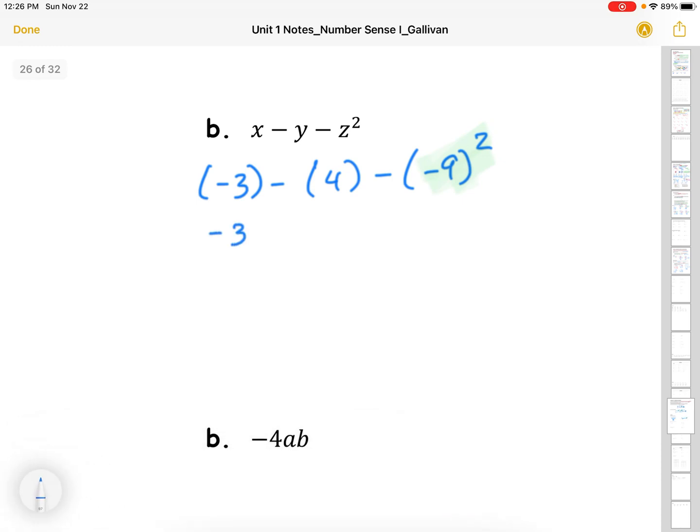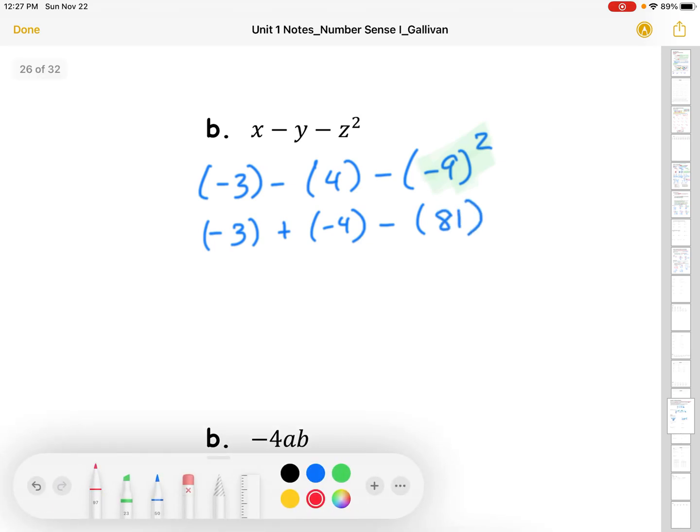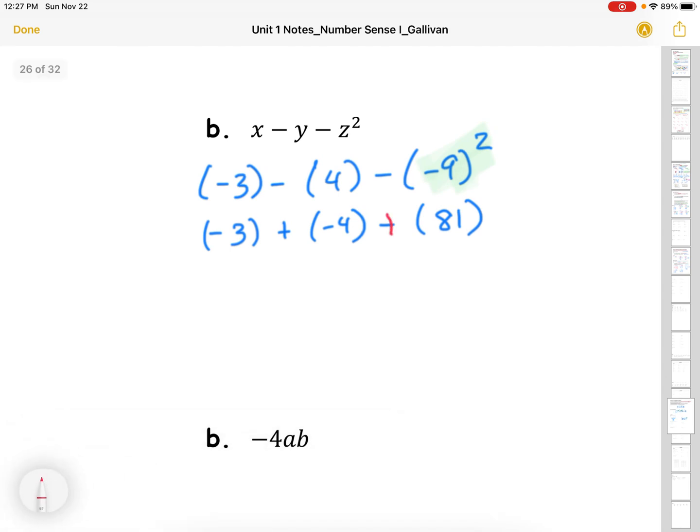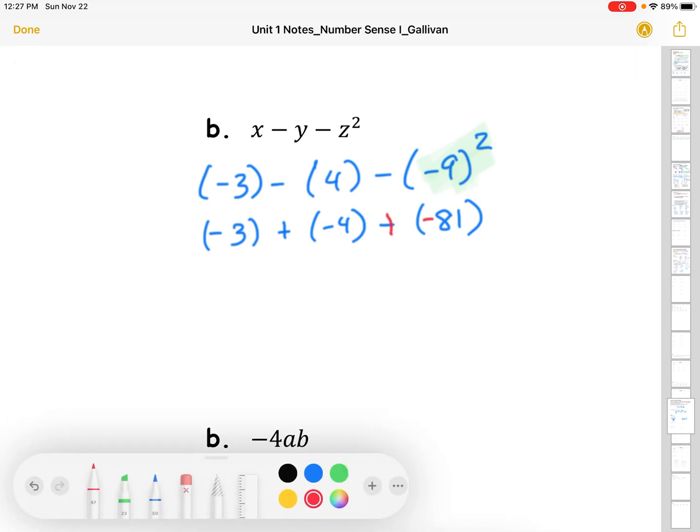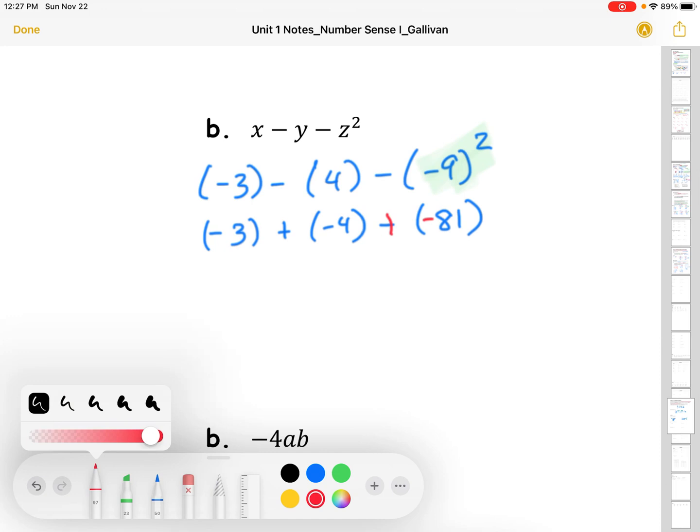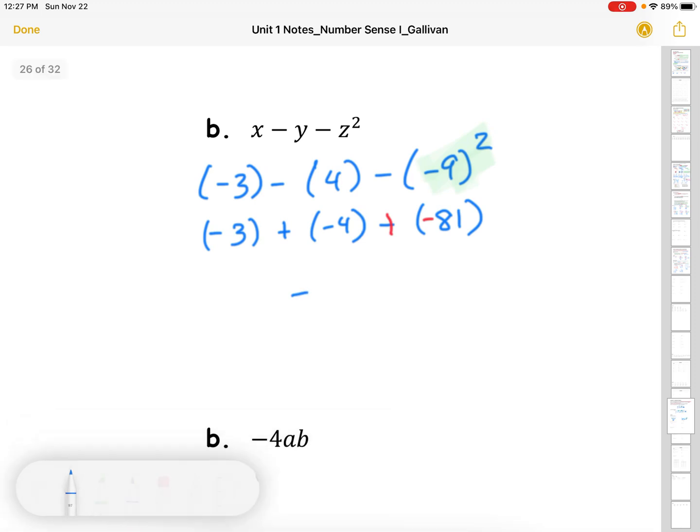So negative 3 minus 4, well, I'm going to change that to plus a negative 4, minus, I'm not going to change this one now because negative 9 squared is positive 81. Okay, so if I'm following my integer rules, this becomes plus a negative 81. Now all of my terms are negative, so I can just add them up. 3 plus 4 plus 81. My answer will be negative 88.